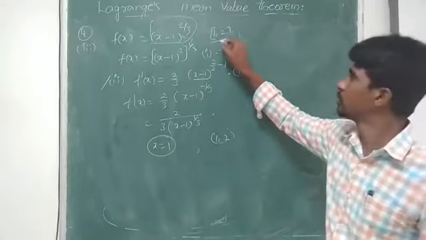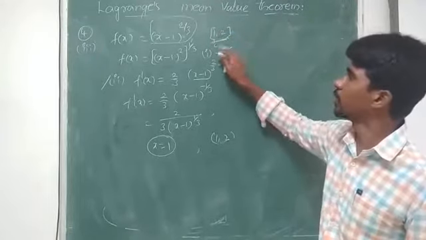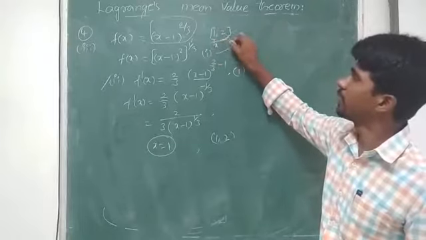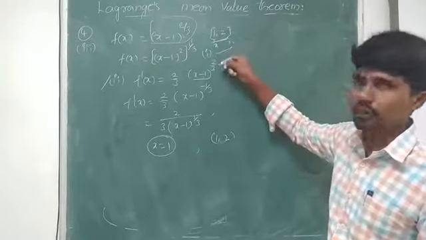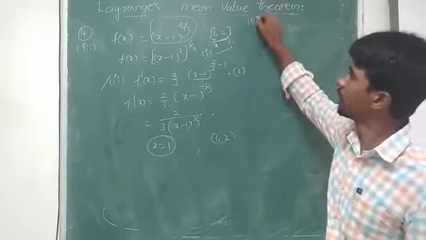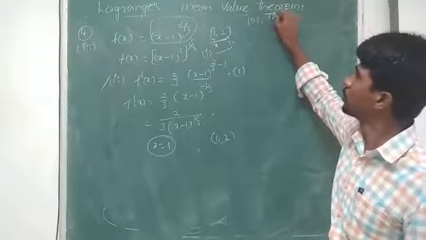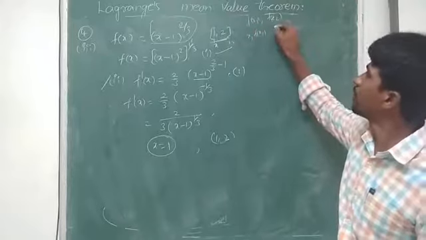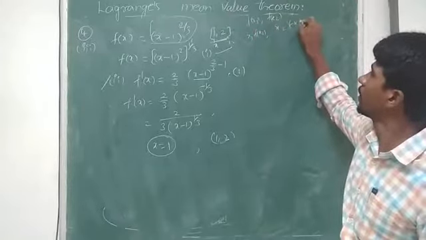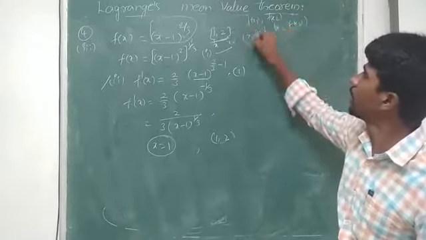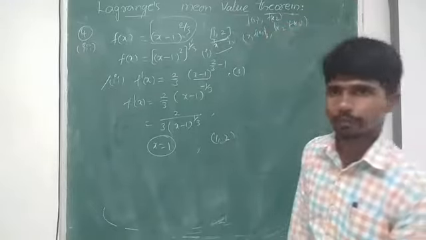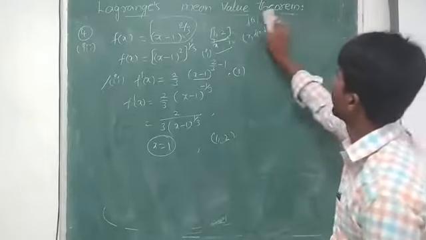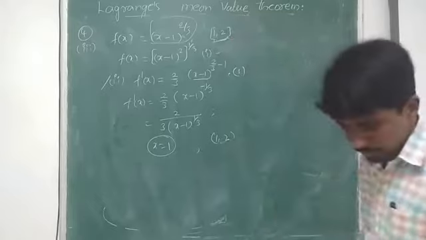If I have this one as x1 and this as x2, how do we get y1? F of x1 and f of x2. So the endpoints are x1 comma f of x1 and x2 comma f of x2. These are the endpoints of a chord. Okay, right. Now leave about this. So we continue with our problem.